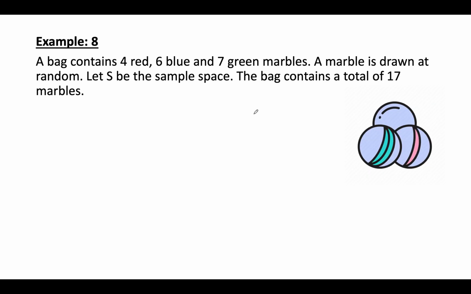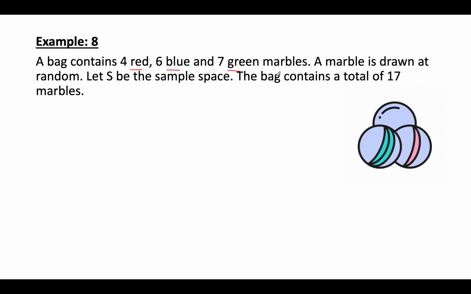Alright, let's see this example here. We need to find the probability of getting a random marble from 4 red, 6 blue, and 7 green marbles in a bag. So the bag contains a total of 17 marbles.